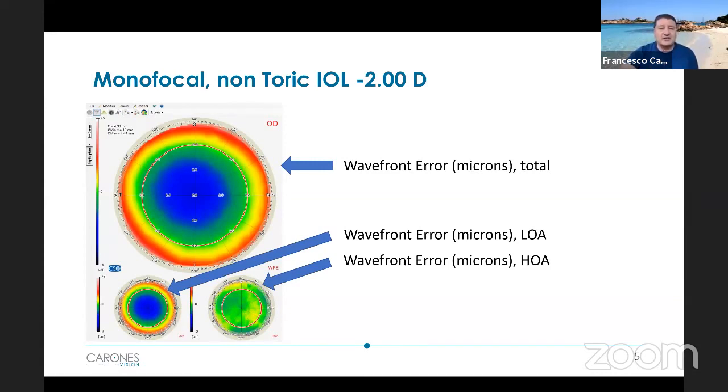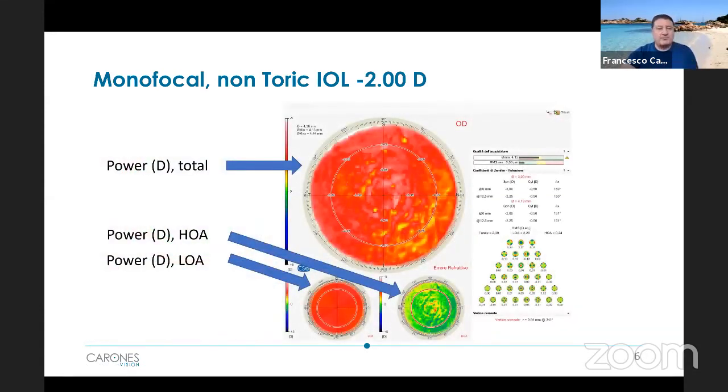One of the biggest advantages, though, of the Osiris is to provide a power map of the aberrations. So not the influence on the aberrations in terms of heights and visual problems. This is more related to how the light is distributed through these aberrations in terms of dioptric power.